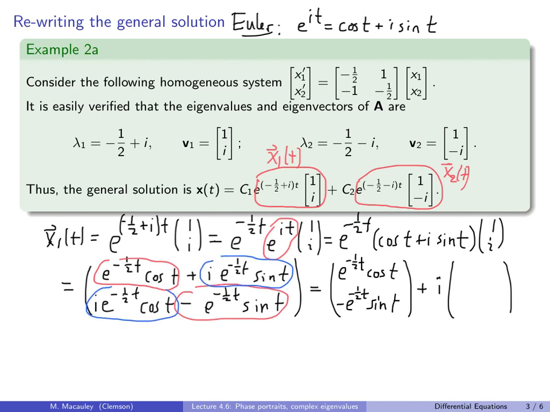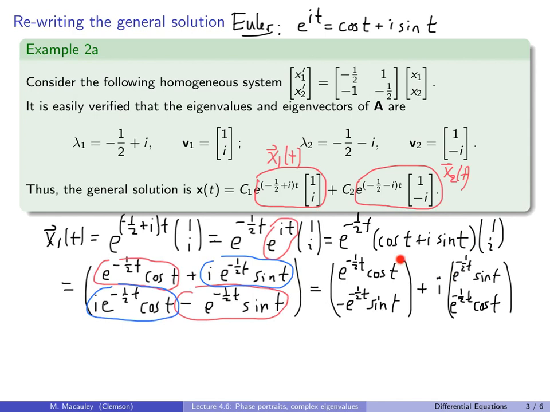And then the imaginary parts, that's going to be this and this. So I factor out an I, and then for the top here I'm going to put e to the minus 1/2 t times sine of t. I'm putting this thing right here, and then I'm going to put this thing down here. So down here I have e to the minus 1/2 t cosine of t.